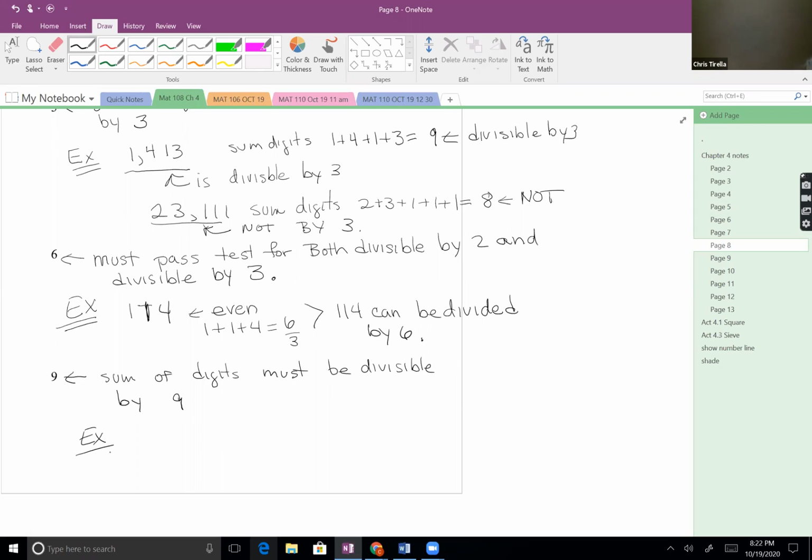And so, for example, if I have, let's say, 6,471, if I look at the sum of the digits, 6 plus 4 plus 7 plus 1, what is that? 10, 17, 18. 18 is divisible by 9. And so my original number is also divisible by 9.